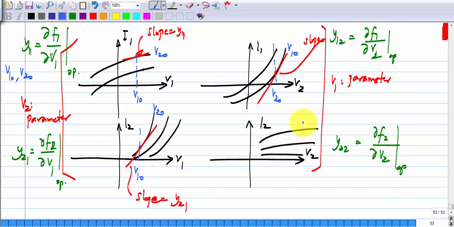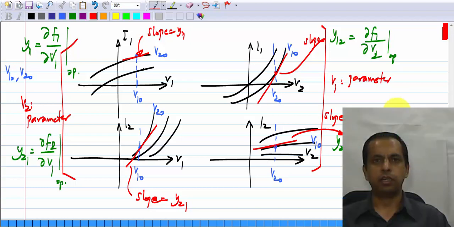So, again you look at where v2 0 is, you pick the curve corresponding to v1 0. So, let us say it is that one, then the slope of that curve at the operating point is equal to y22.